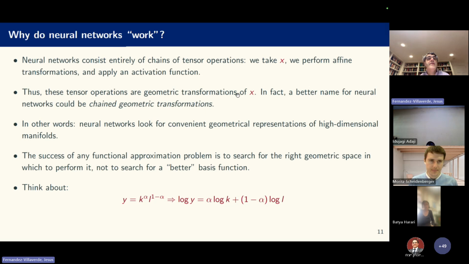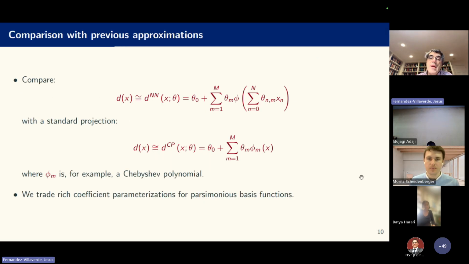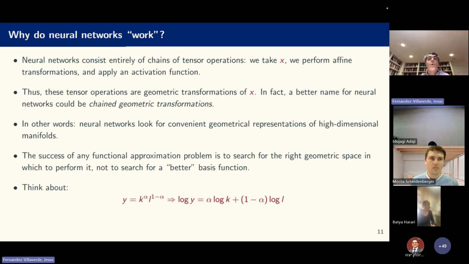Now, you are probably asking, why does this work? Why is this a very clever idea? Why do we want to substitute the Chebyshev polynomial over here by this very simple activation function, but on the other hand, have these linear combinations inside? Well, because basically what you are doing is applying a number of geometric transformations.